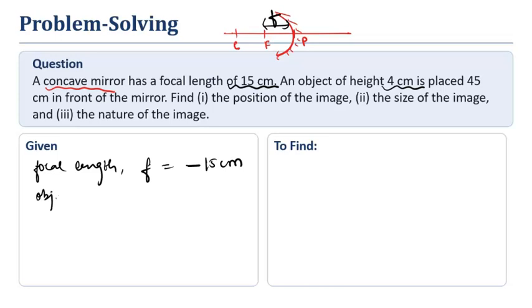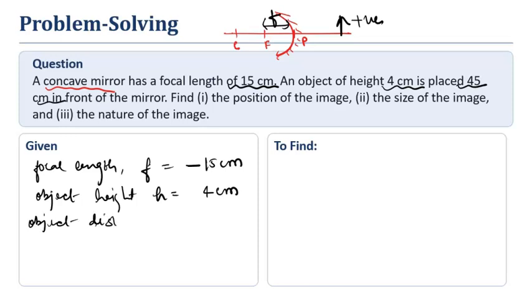Object height, let's take h, is 4 centimeter. Obviously the object is kept above the principal axis, so that must be positive, and it is placed 45 centimeter in front. So object distance is also given. Object distance, represented with u, is given as 45 centimeter, that must be in front of the mirror, so we need to take it as negative.